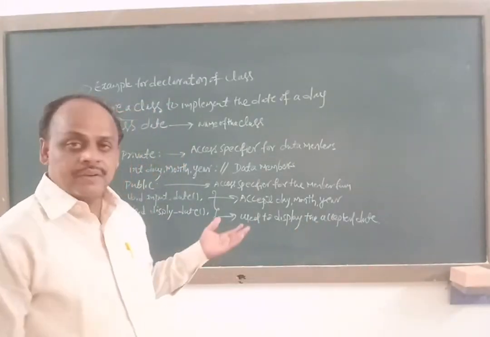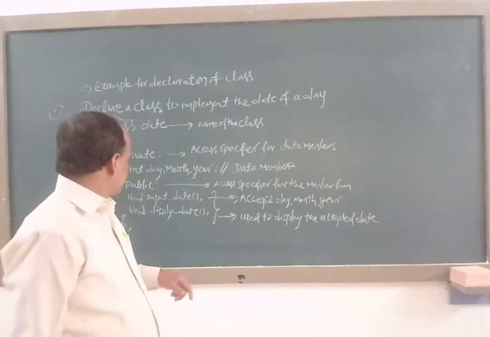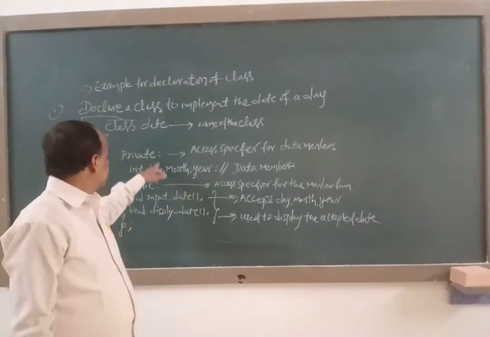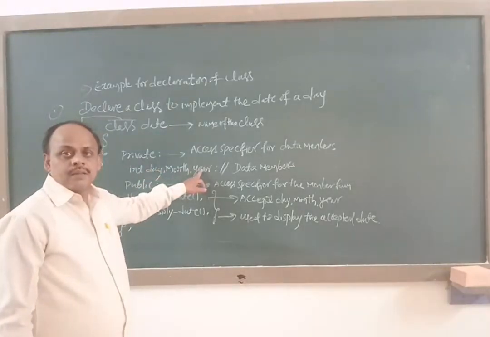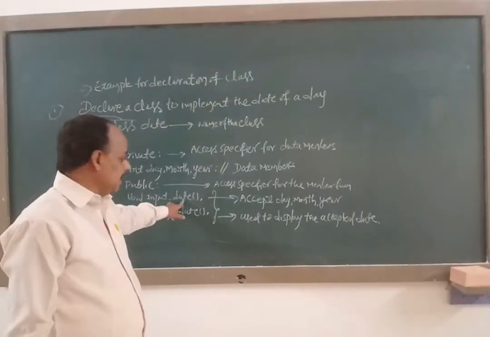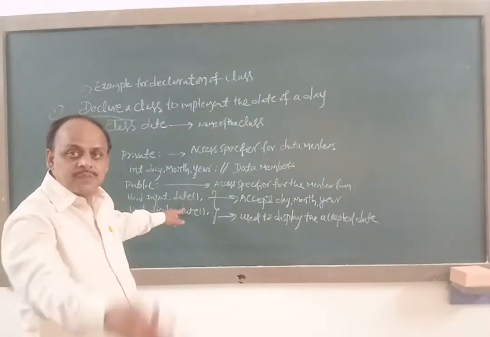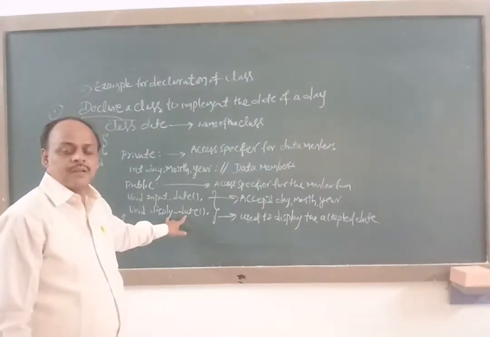It means when we are entering a day, month, year, they are going to be stored in these data members: day, month, year, right? To accept the date, we are using the input date function. To display the date, we are using the display date function.